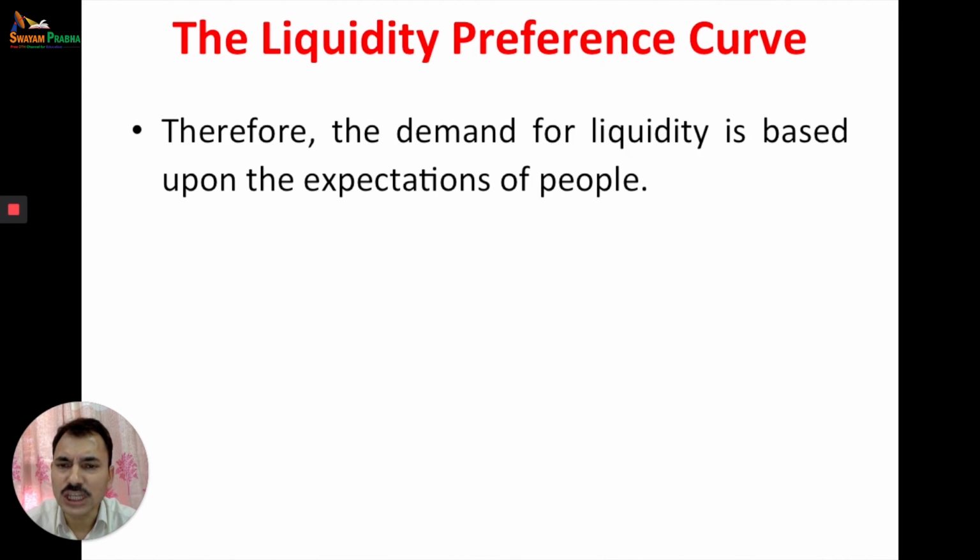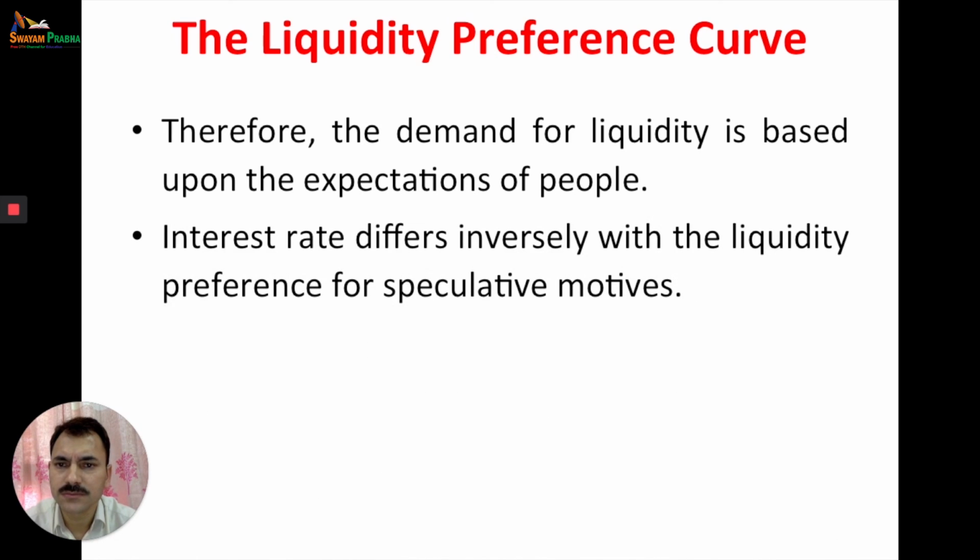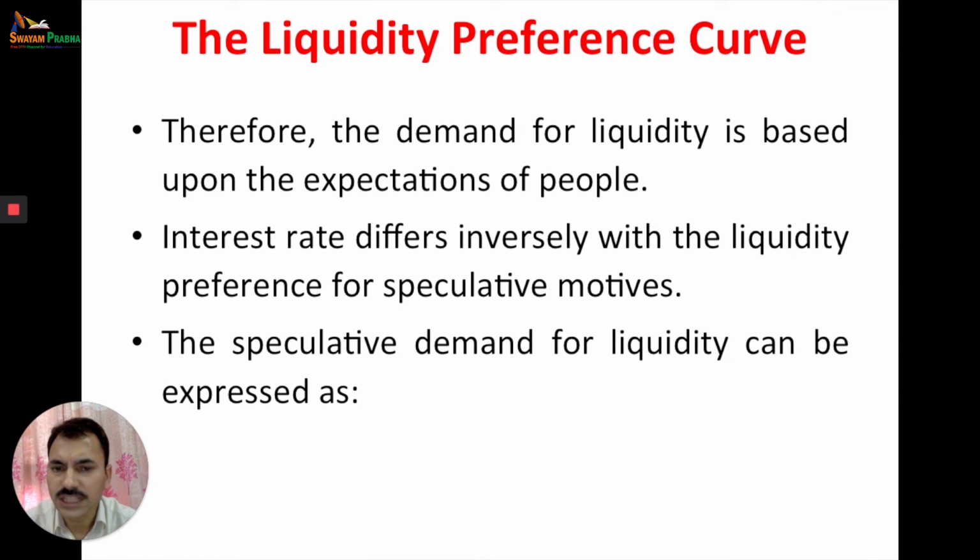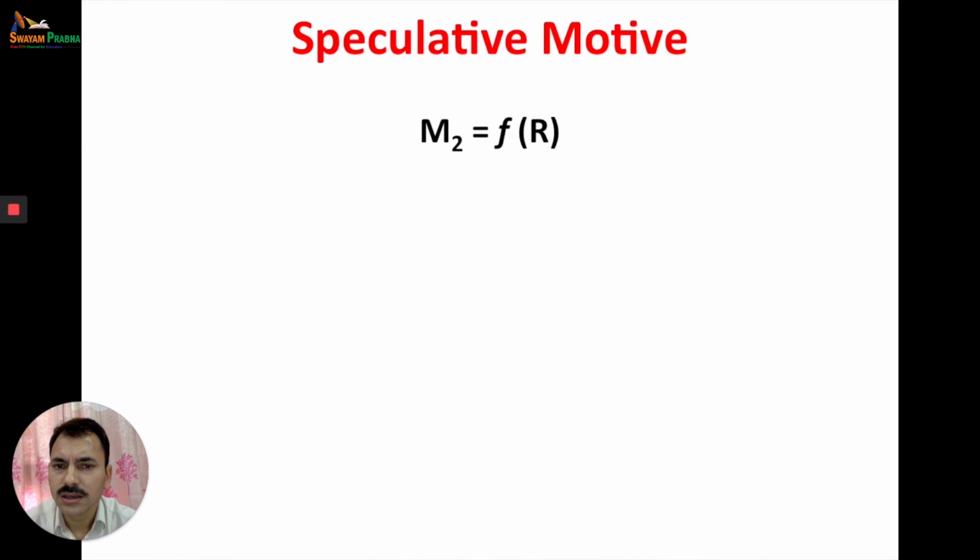Now, what is the liquidity preference curve? It is the demand for liquidity based upon expectation. Interest rate differs inversely with liquidity preference for the speculative motive we have discussed. The speculative demand for liquidity can be expressed as M2.